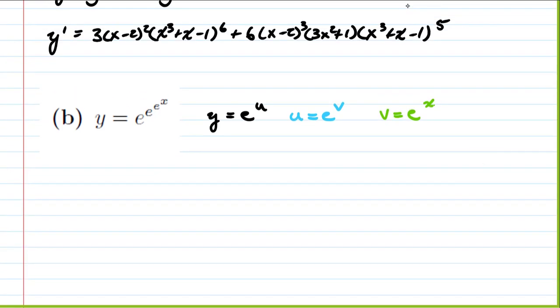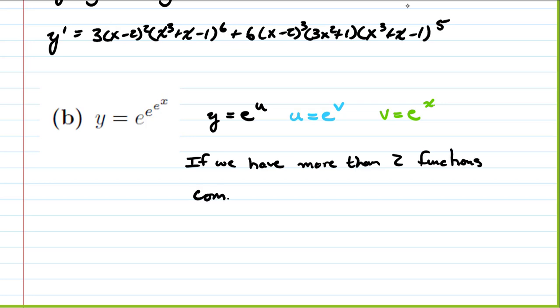So then, the chain rule with more than one composition, we differentiate through all intermediate variables.